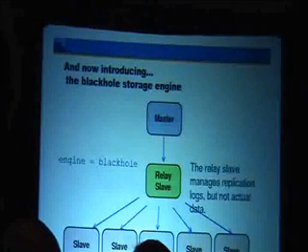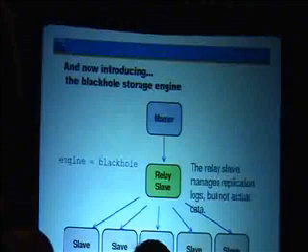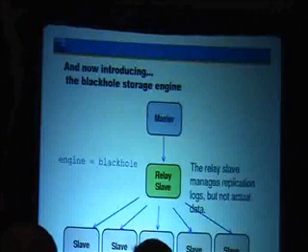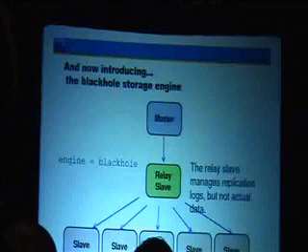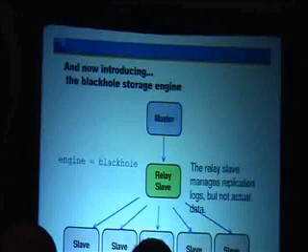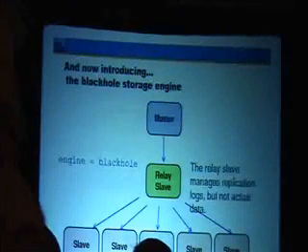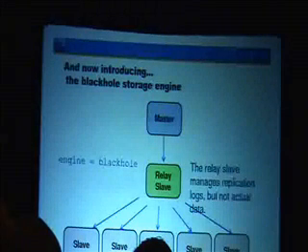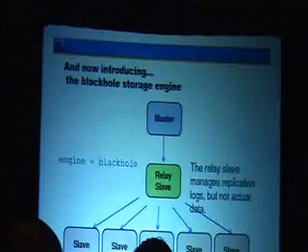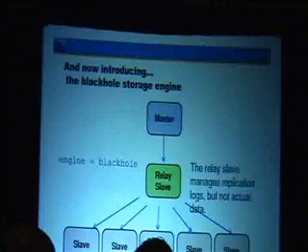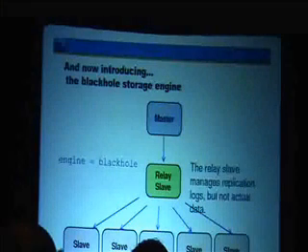The trick here now is, if you have a relay slave, and you get changes from the master to the relay slave, then they are all saved to disk, and after a while, the disk will start to fill up, which is not a very good idea. What you do instead is have something called a black hole engine, and the black hole engine doesn't write anything. It doesn't have any tables. It's only there to allow you to chain replication to other slaves.